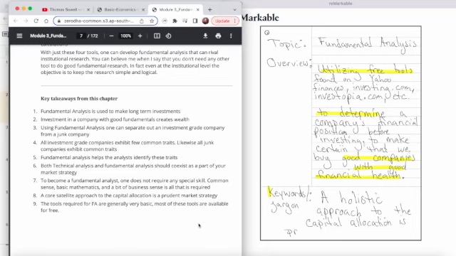I like that word, prudent. Market strategy. So a holistic approach to capital allocation.